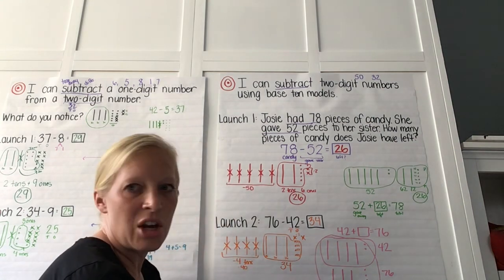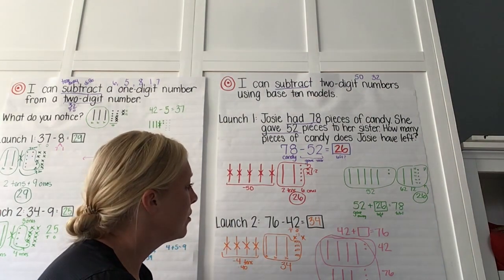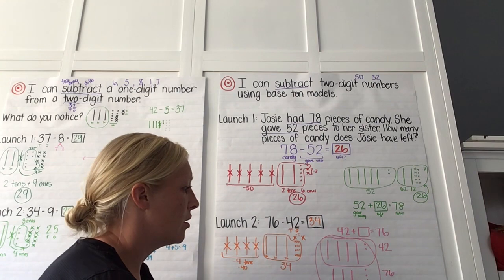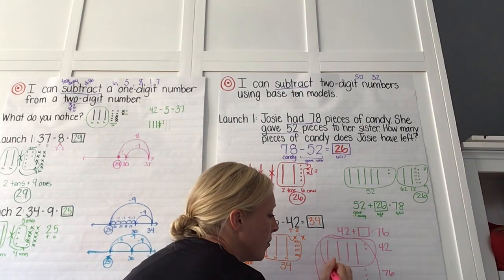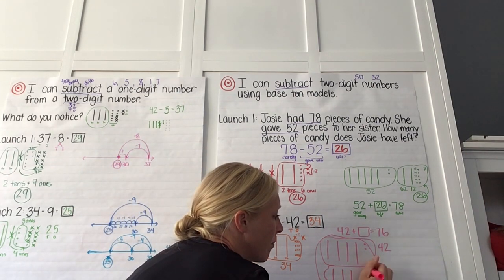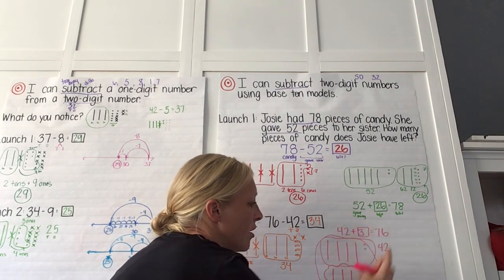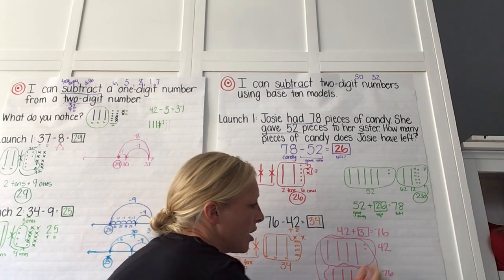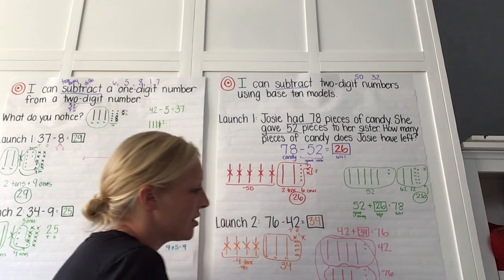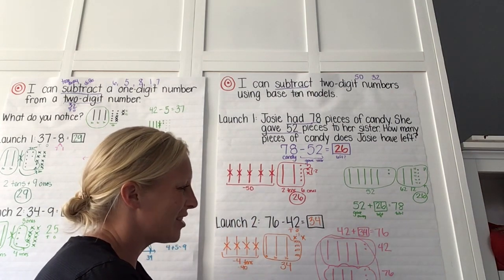Where is the unknown that we're trying to find out? What you added to it. 10, 20, 30, 31, 32, 33, 34. That's in your model. We can add those 10s and those 1s.